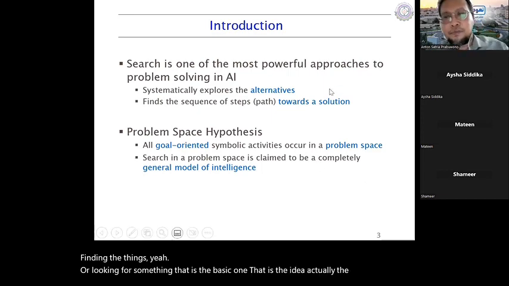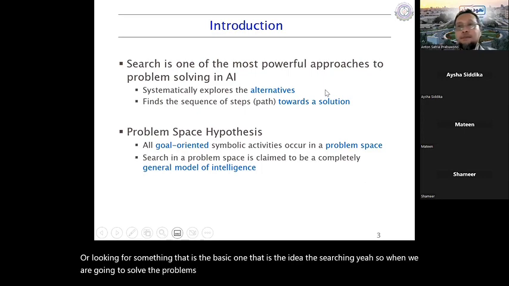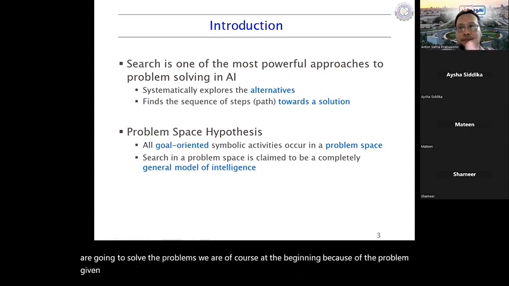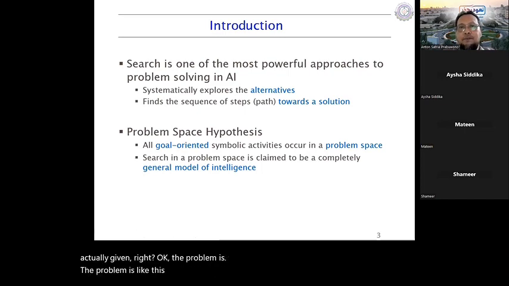So when we are going to solve problems, of course, at the beginning the problem is given. Okay, the problem is like this, the scenario, and with the given problem, you try to find the solution.